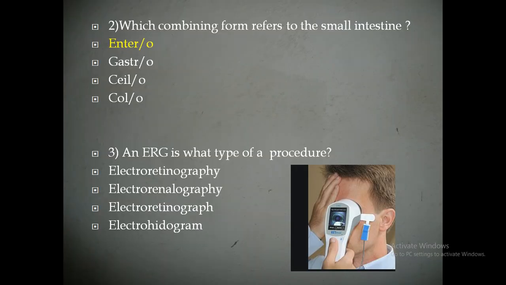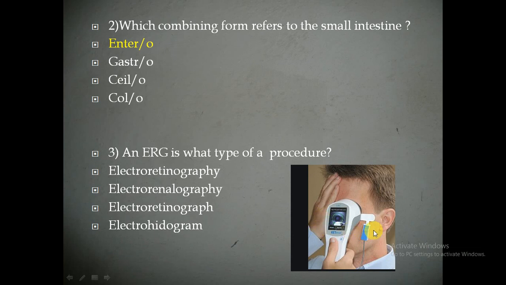We will see the third question. An ERG is what type of procedure? The options are electroretinography, electrorenalography, electroretinograph, electrohydrogram. So the question is, what is the procedure of ERG? See here in the image you can see what the specialist is doing.